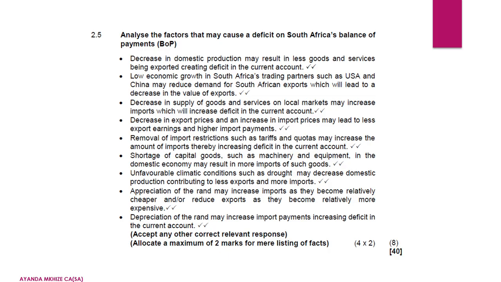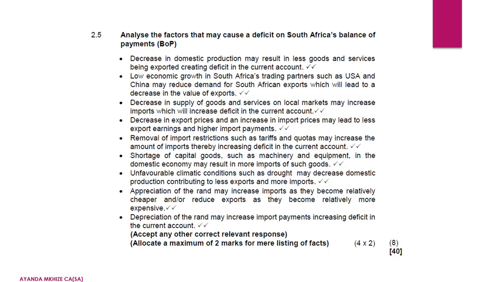If the countries that buy from us, like the US and China, do not need a lot of our products because of low economic growth, that means we're going to have less export or less sales to them. Therefore, we are not really making any money from them. Also, if you're buying more from them, it means that we're not making much.